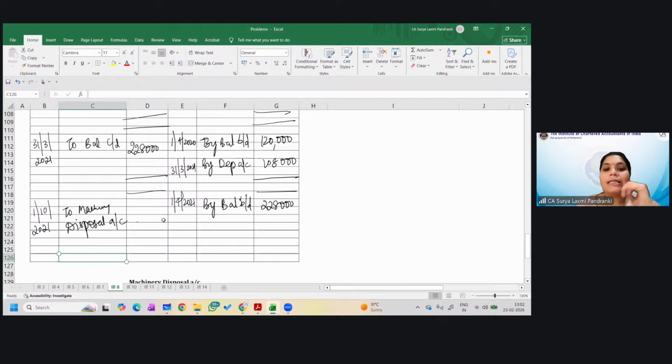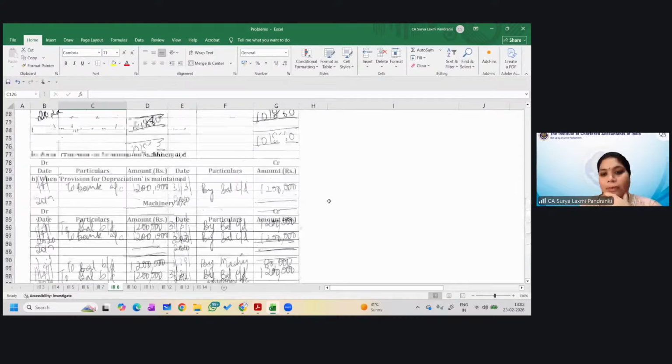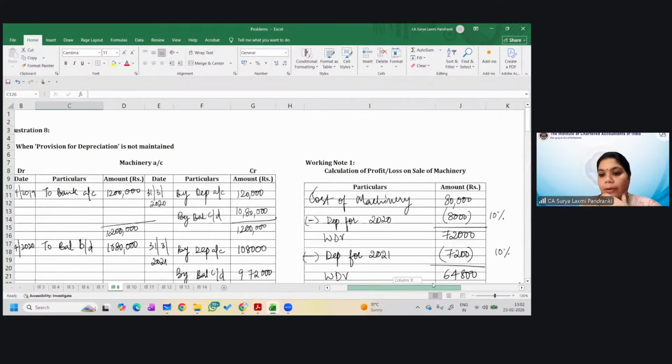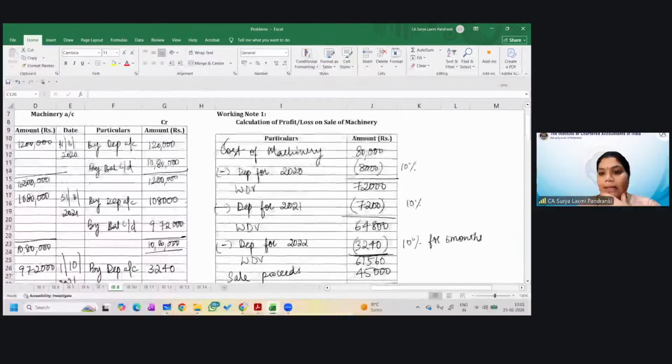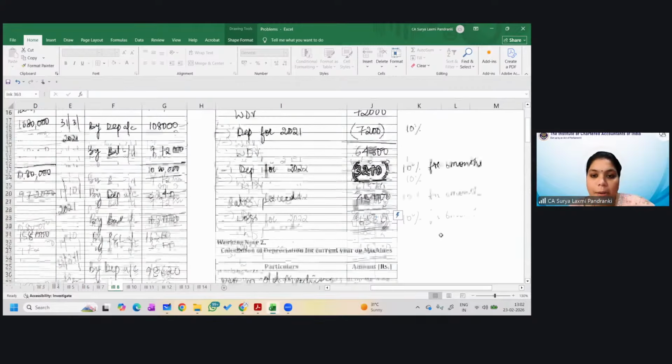You will have to send the depreciation of the particular machinery that we have sold to the machinery disposal account. And what is the depreciation of this machinery that is sold? Let us go back to the working note. Look here. You'll have to provide the entire depreciation for all the 3 years. How much is the depreciation? First year it was 8,000. Second year it was 7,200. Third year it was 3,240. So all these three together you will have to close it, right?